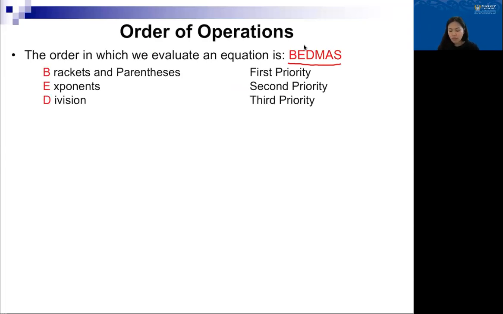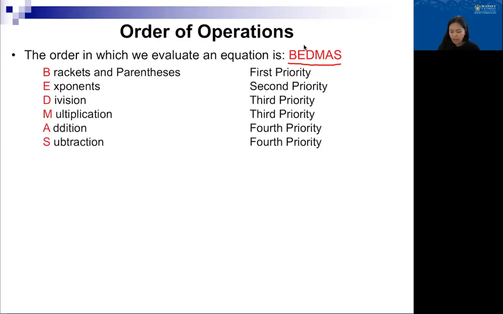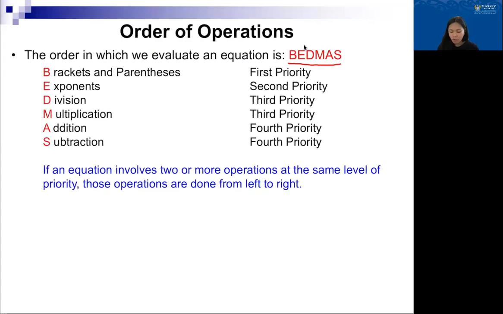D stands for division, the third priority. M is for multiplication. Division and multiplication have equal priorities. Addition and subtraction are the ones with the fourth and last priority. If an equation involves 2 or more operations at the same level of priority, those operations are done from left to right. So this is the order of operations for solving an equation, BEDMAS.